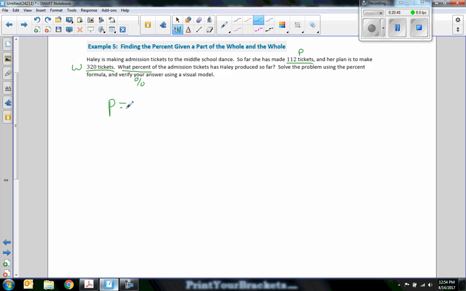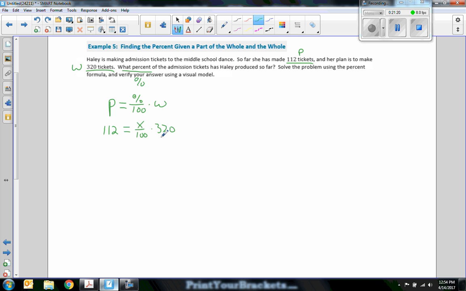So part equals percent over 100 times the whole. So in this case, I know the part is 112 equals x over 100 times the whole, 320. Substituting my part, substituting my whole. This time I didn't know the percent, so I used a variable x.